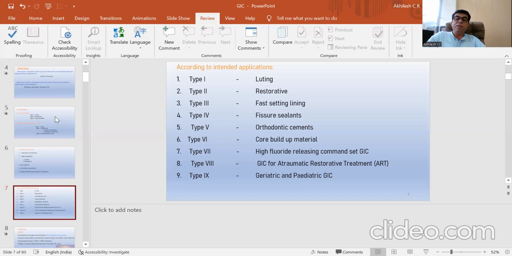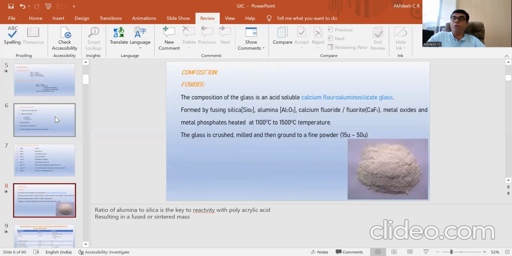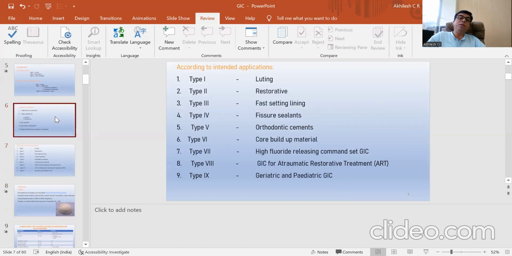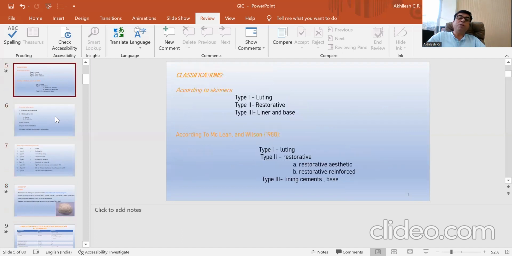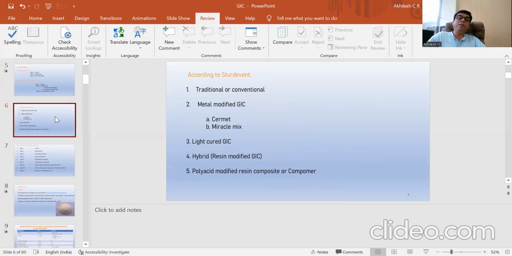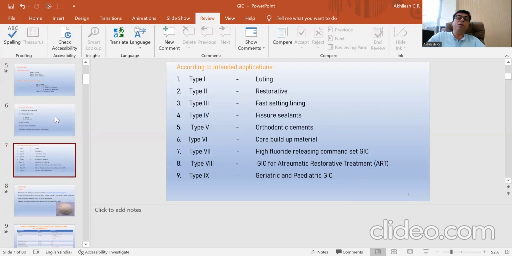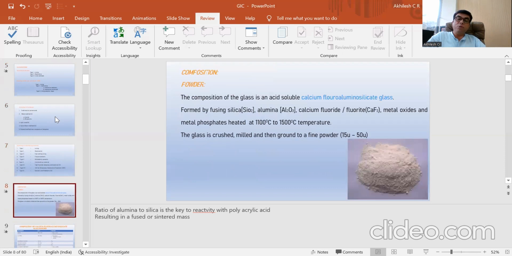This finishes the classification of GIC: we explained four classifications, according to Skinner, McLean and Wilson, Studervant, and the intended applications. The next thing is the composition.